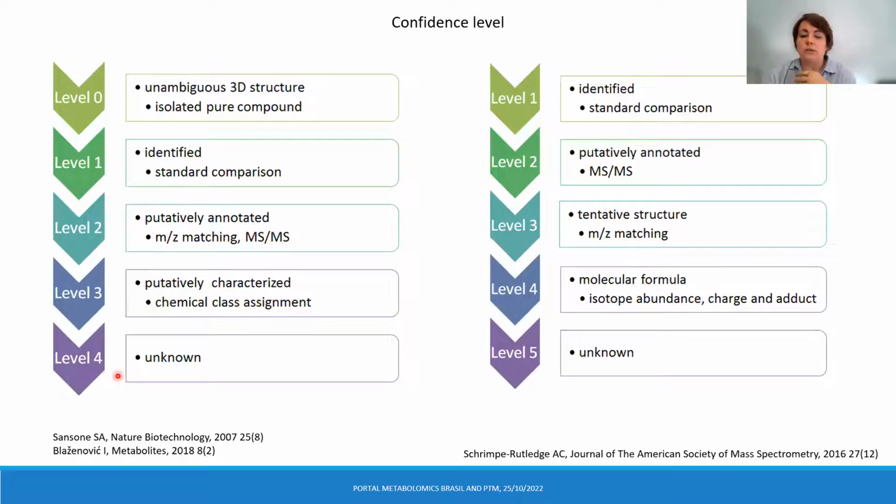So here, there are several different classification systems to report confidence level in the annotation. However, I limited them to only the two most frequently used, and in my opinion, the best.